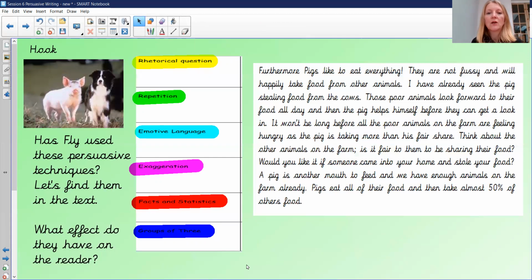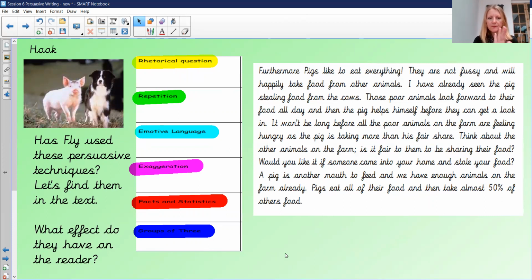So you've got this on the daily planner. So this paragraph here, this is one from Fly's letter to Farmer Hoggett, the one that starts, "Furthermore, pigs like to eat everything." She really goes on in this paragraph, doesn't she, about how they steal other animals' food, and goes into lots and lots of detail and includes some or almost all of these features.